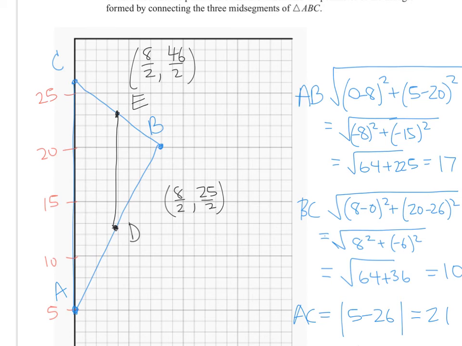And halfway, midpoint over here, adding these two together, it's going to be 0. And then 5 plus 26 is 31 divided by 2, which is 15.5.